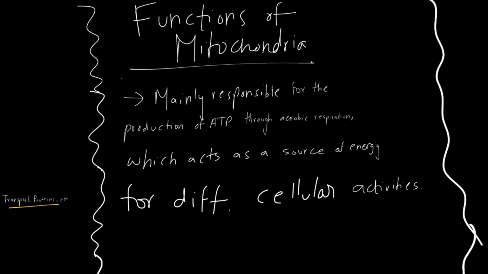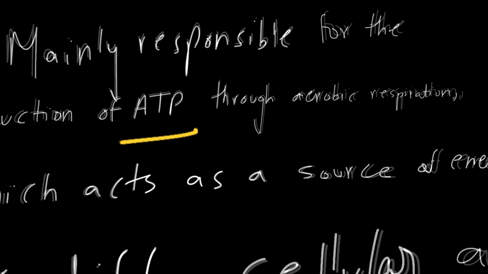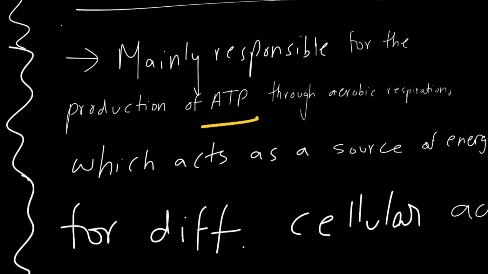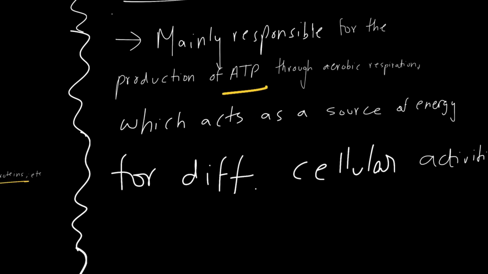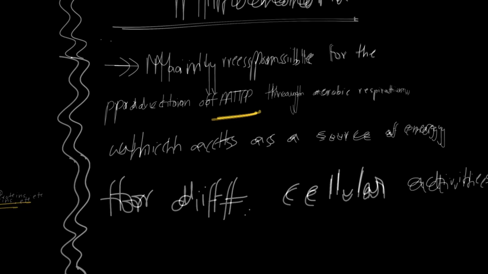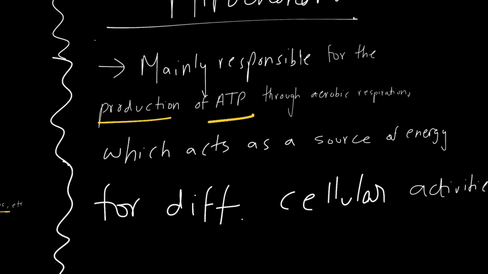So first of all, it's mainly responsible for the production of ATP. Now, what ATP is, adenosine triphosphate, which we'll be learning later on in this video. So it's mainly responsible for the production of ATP through aerobic respiration. Aerobic respiration we've studied in detail, the one that requires oxygen.